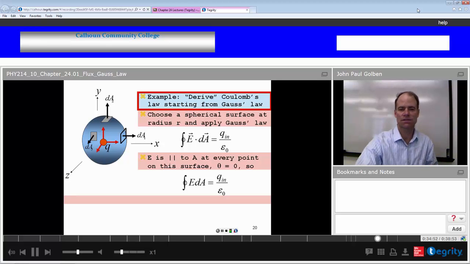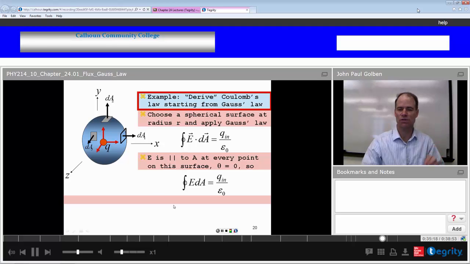Also, since we chose the charge to be at the center of the sphere, there's no reason why the E field would be more intense at any particular point on the sphere as opposed to any other point. In other words, the E field is going to be the same in magnitude all the way through this sphere because we're symmetrically located at a distance away from the same charge. So the E field will be constant on the surface of this sphere.